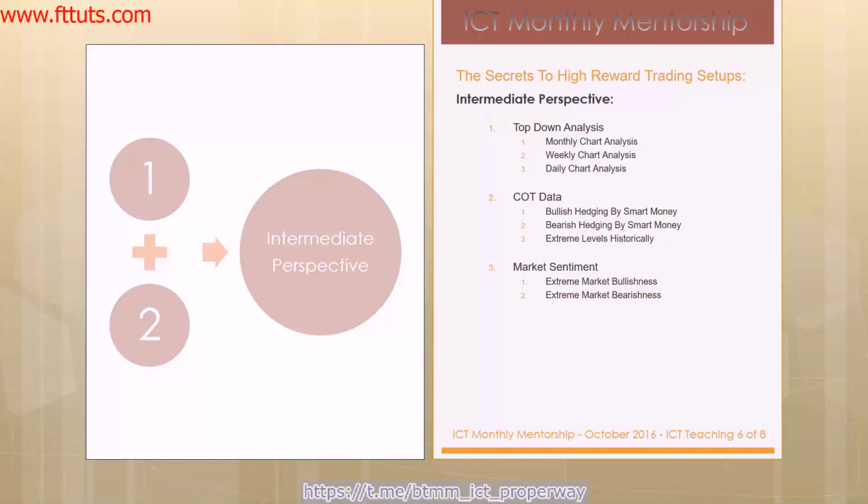That would be enough to frame an intermediate-term perspective. That means you're going to simply wait around for a short-term perspective that lines up with buying, and that's really all we do here. So we're going to frame a macro big-picture perspective, and then an intermediate-term perspective, and then a short-term perspective. And that's what we'll look at next.